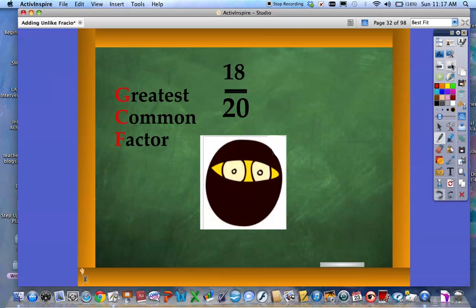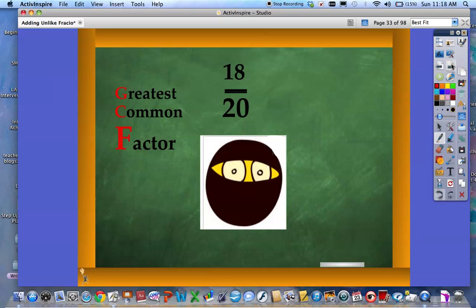We turned 4 pieces in a whole, again, to 20 pieces. So now we want to work this fraction backwards and see what is the biggest number that we could multiply by to get this fraction. When we find that largest number that they share in common, that we could multiply by to get that fraction, then we could use that same related multiplication fact to find the smallest numbers that could still represent this fraction. So it's like taking all those steps we just did to make the equivalent fractions and working them backwards.